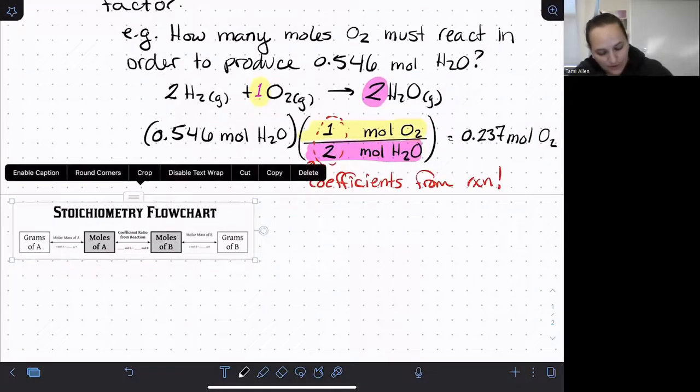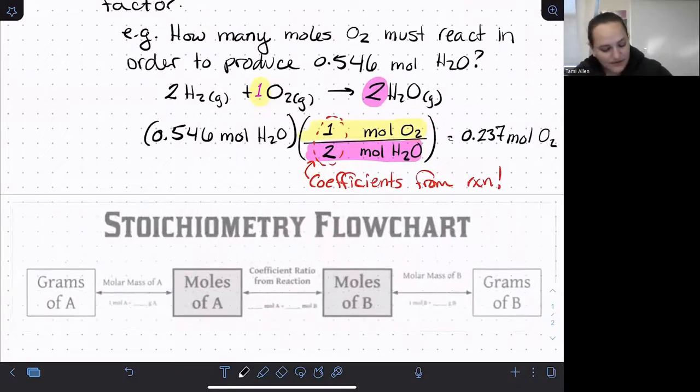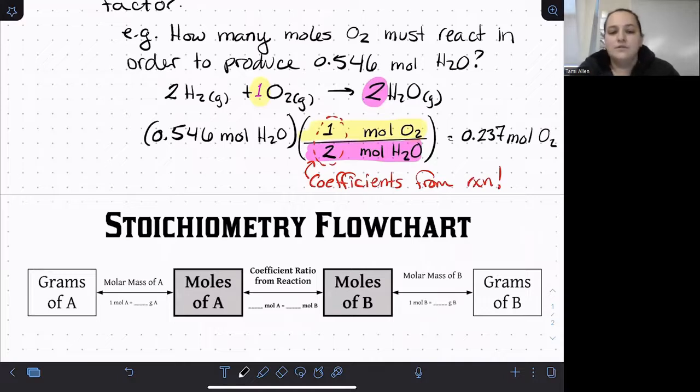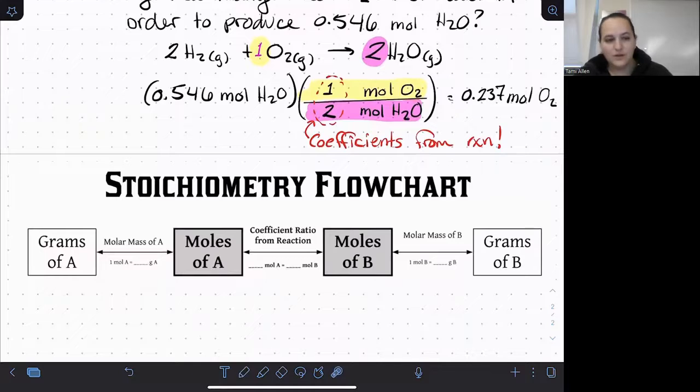So we can combine our understanding of molar mass with this new understanding of coefficients in our reaction really as a conversion factor or as a mole ratio to be able to convert between grams of one substance and grams of a different substance. We just need to take all of the right steps along the way.